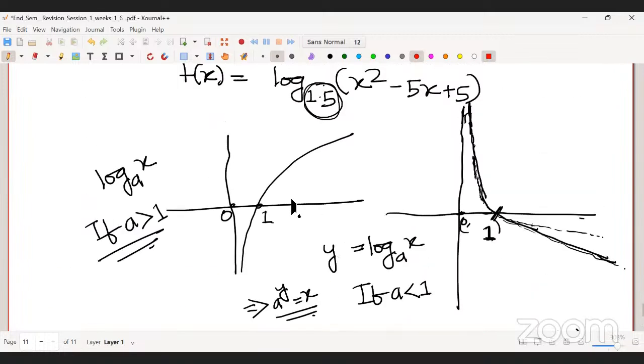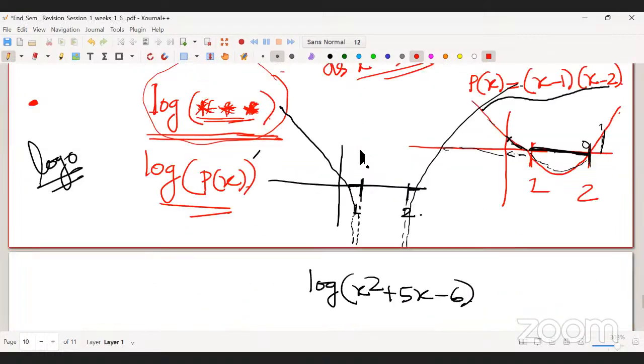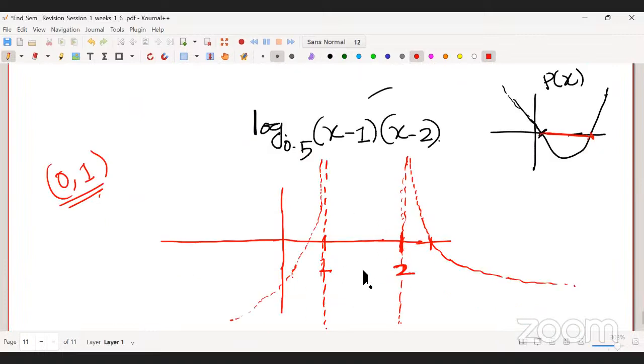If you know these two graphs, then you can draw this graph also. If your base is greater than 1, you will have something like this, and if the base is less than 1, you will have something like this. So this is clear.